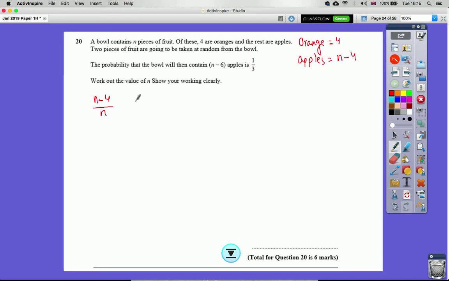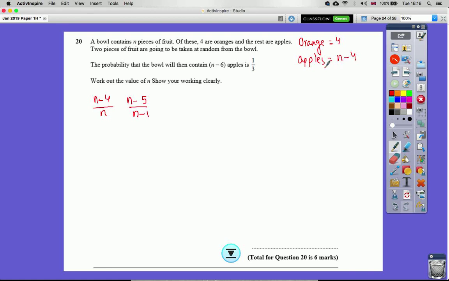Okay, then I'm taking again another one, and that will be... because there are n minus 4 apples, right?